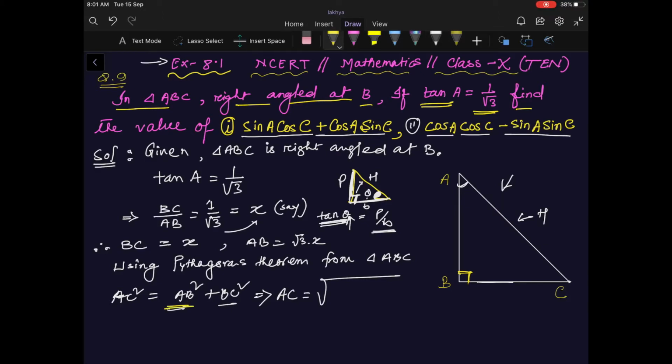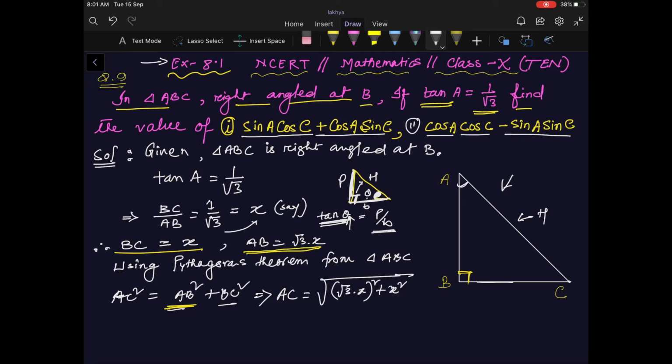AB is root 3 into x, so AB square is root 3 into x whole square, plus BC is equal to x, so BC square is x square.